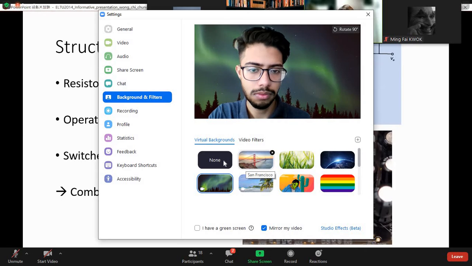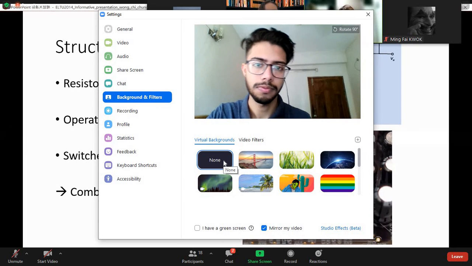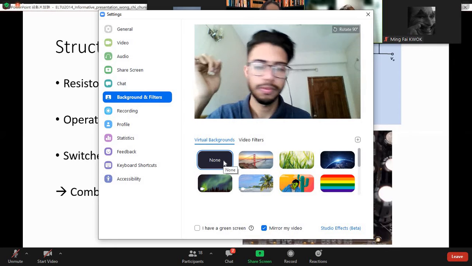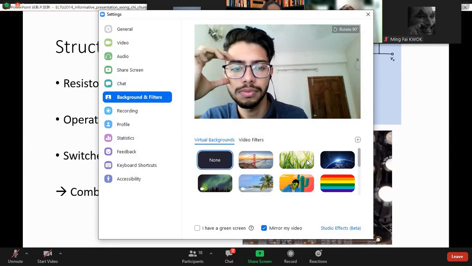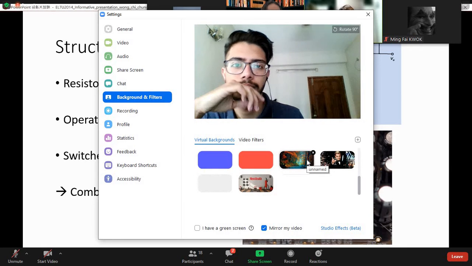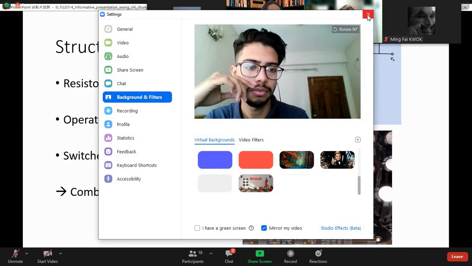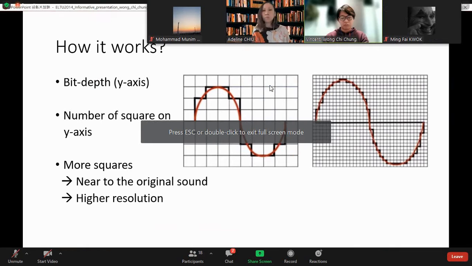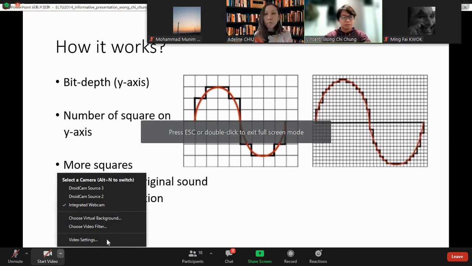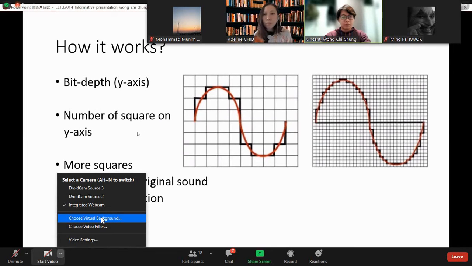This is the schematic drawing of the basic structure of the DAC. As you see, there are resistors, an operational amplifier, which is the triangle in this part, and some switches in the circuit. What is sound measured in? Yes, it's decibel.